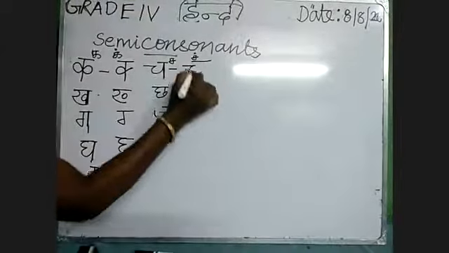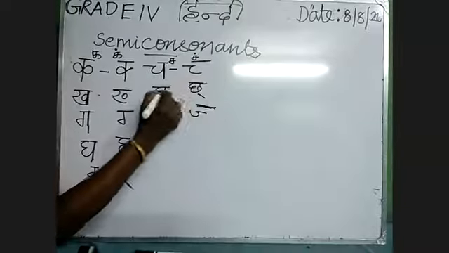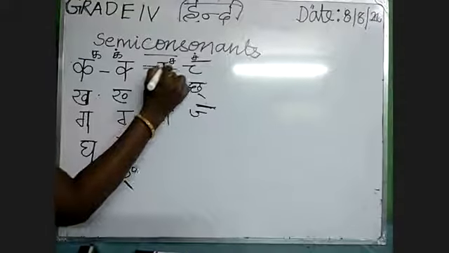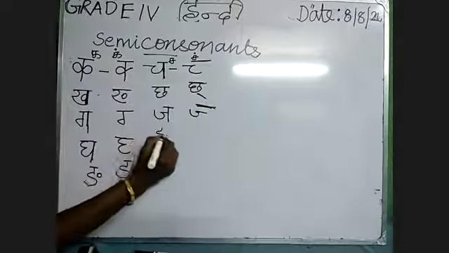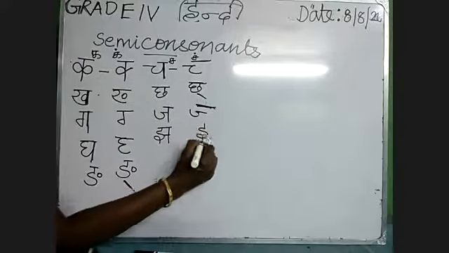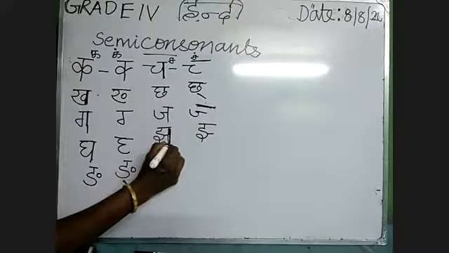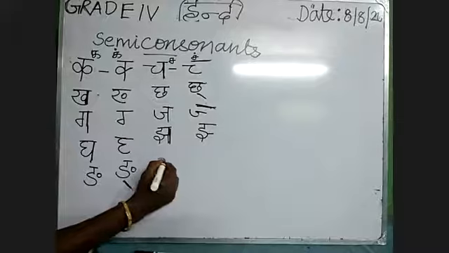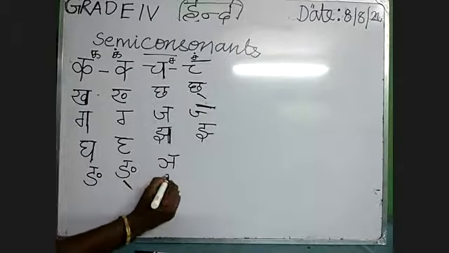But this is called Sirorika. You should put this line for all letters. Here there is no full line, so you put a dot and a slanting line. See here, this is jha and this is ijh. Here you are removing this line. Then this is nya, the Tamil letter nya.